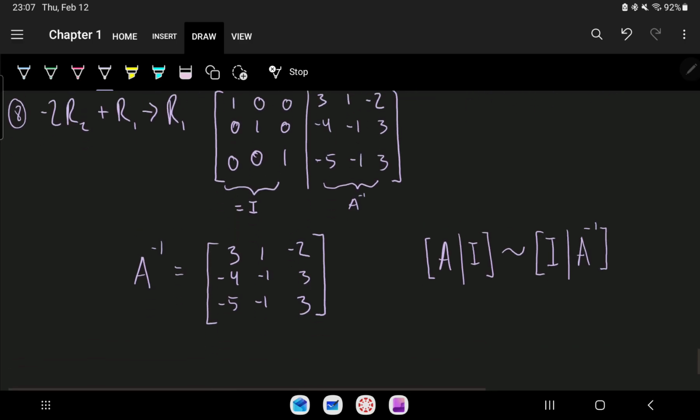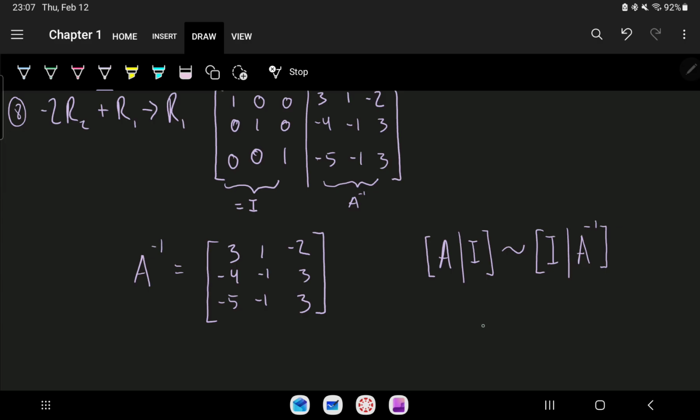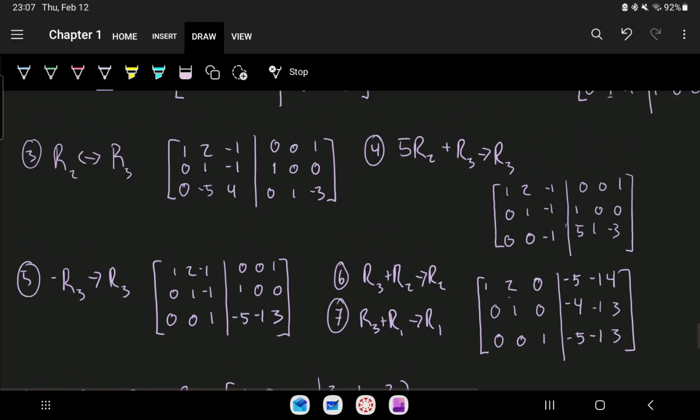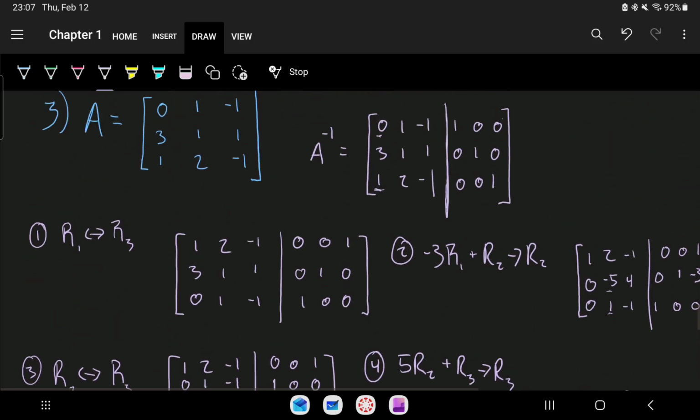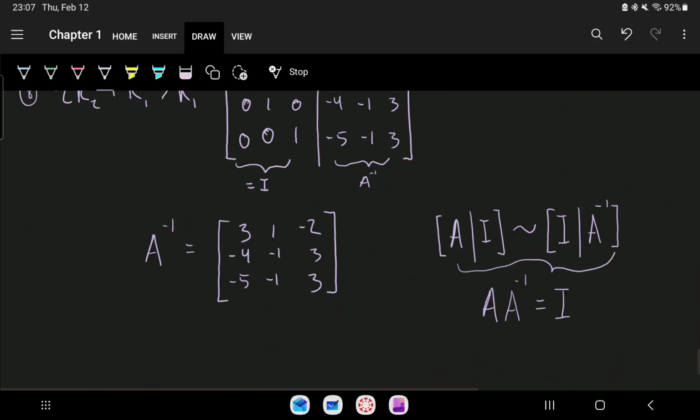But the handy thing about this is that if you multiply the original A times A inverse, you're going to get the identity matrix if you've done it right. Yeah, so it is a little bit tedious to check. However, on a test, on a quiz, it is well worth it.